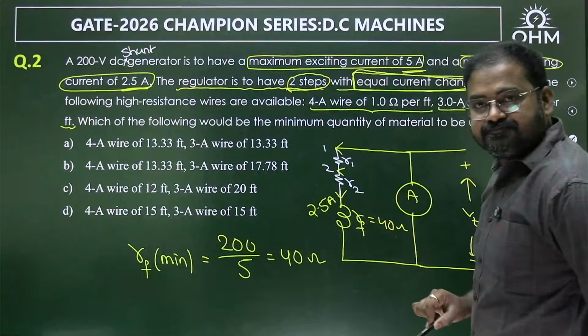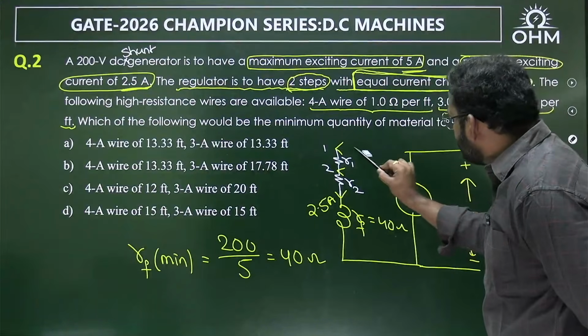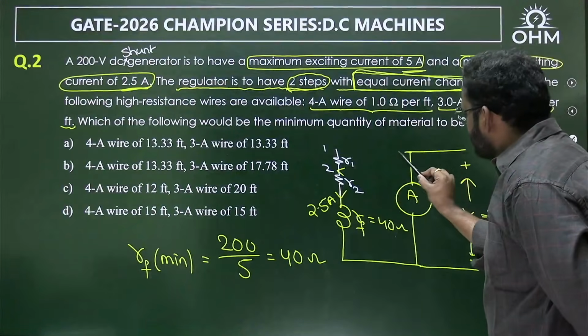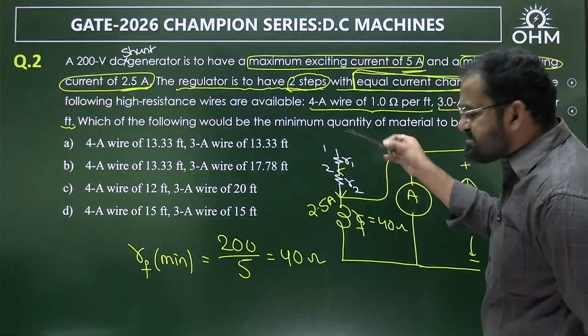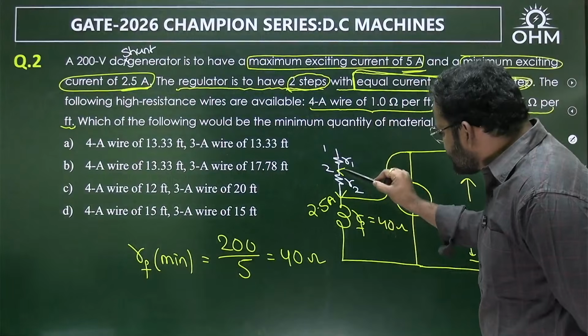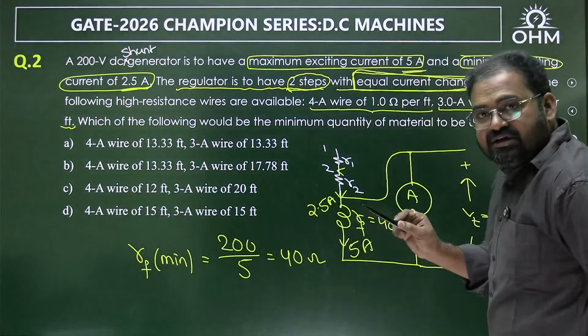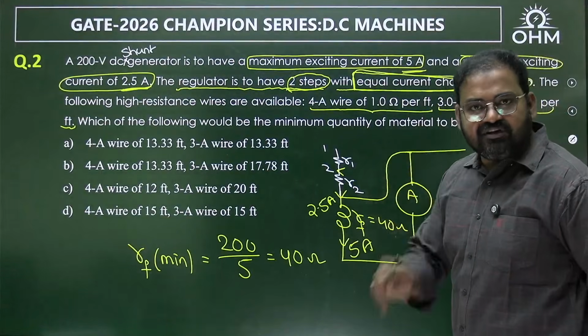For example, if I place the regulator here, that means indirectly these resistors are not added. If these resistors are not added, how much current will flow here? 5 ampere will flow. So what is the difference between 5 ampere and 2.5 ampere? Is it not 2.5 ampere?